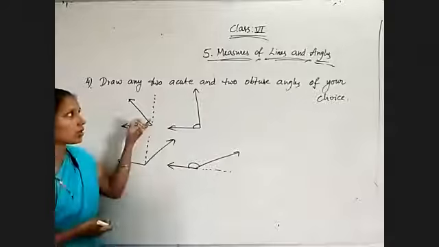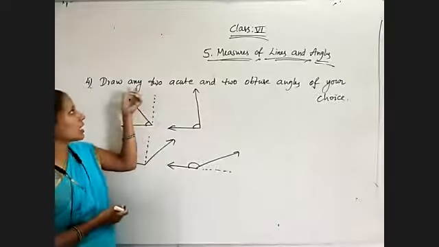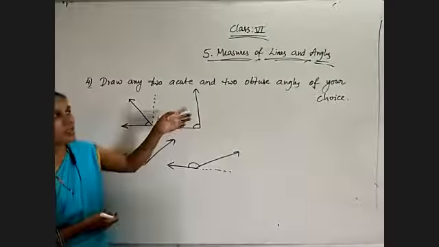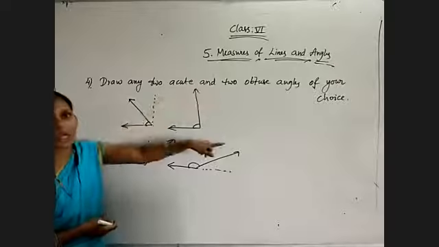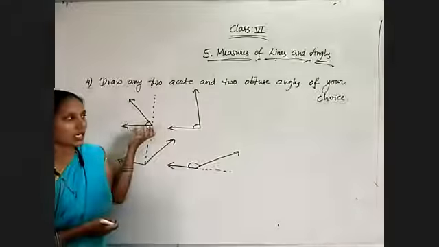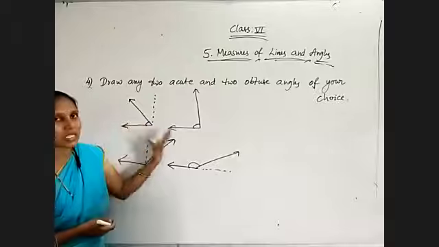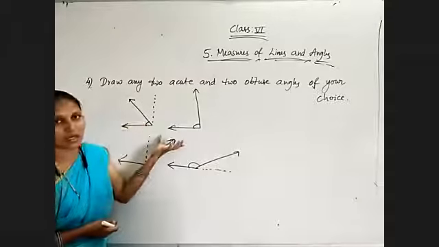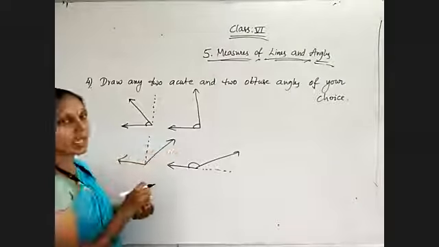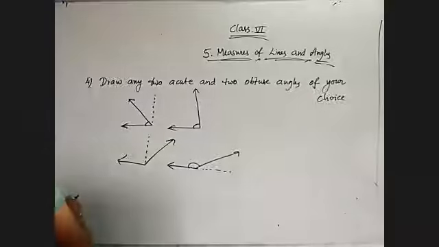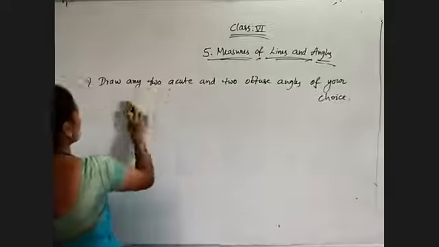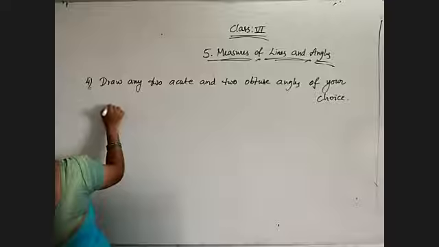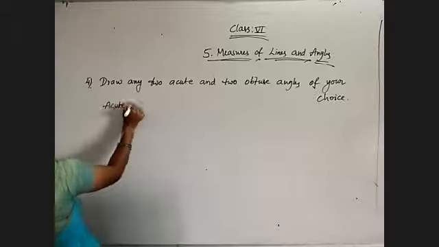See, they did not ask to take the measurements. Draw two acute angles and two obtuse angles of your choice. So that may be 30 or 35, whatever measurements. Just simply I draw. But if I am using particular measurements, first of all, two acute angles.